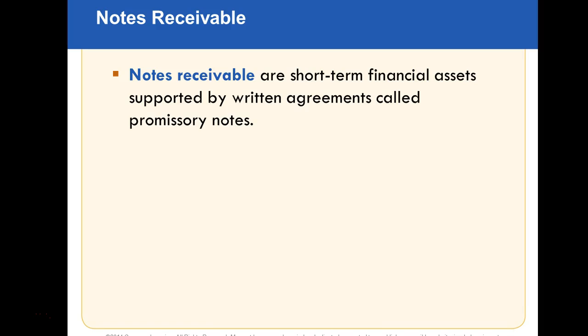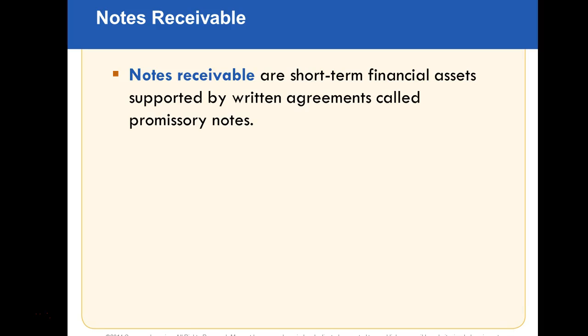Notes receivable are short-term assets supported by written agreements called promissory notes. I think we talked about this, or barely talked about it in the prior couple weeks, where oftentimes when someone has an accounts receivable outstanding but they are not able to pay, the company will sometimes turn it into a notes receivable that gives them a little bit longer period of time to pay their bill.